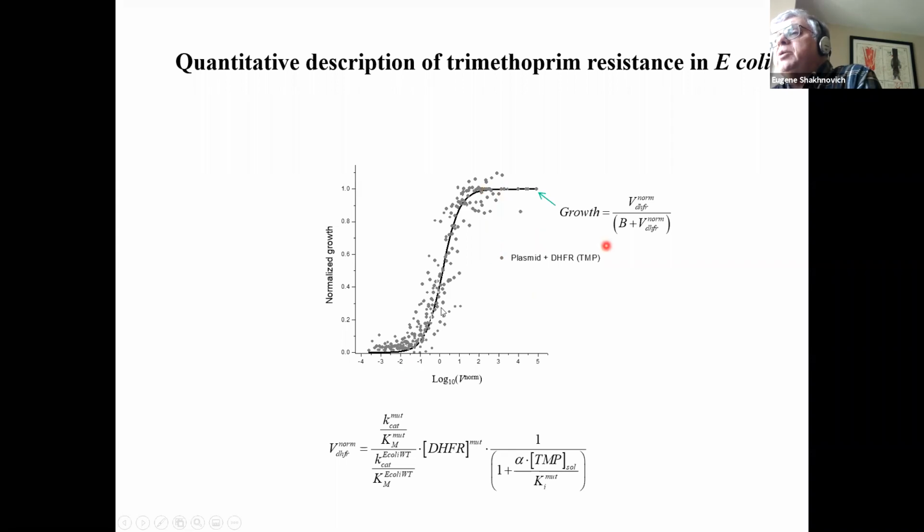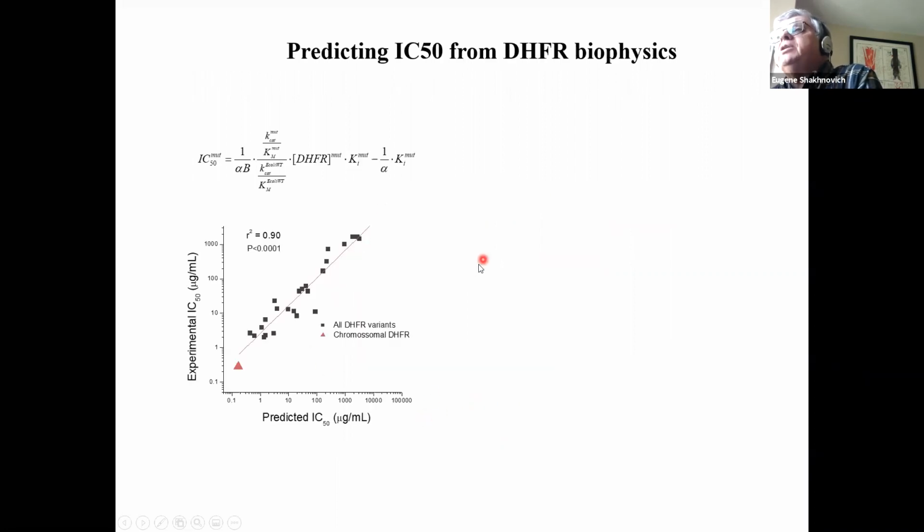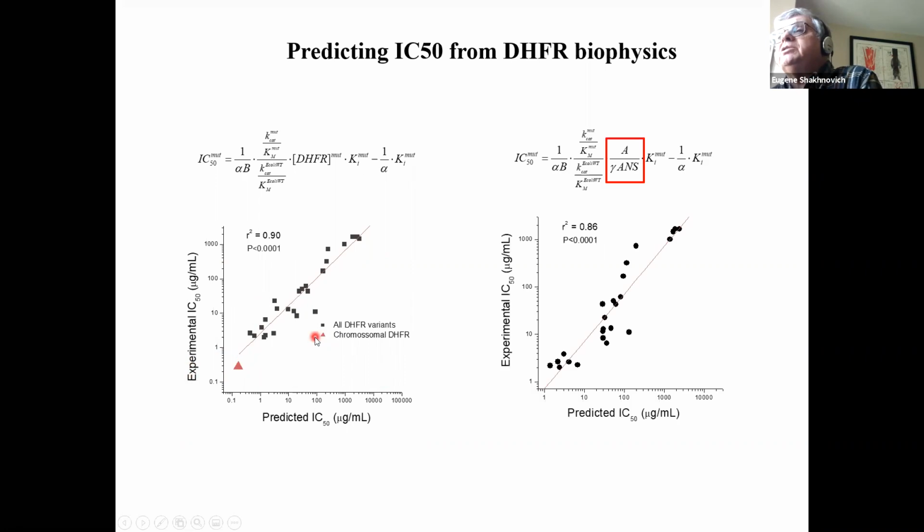And this is the equation for prediction of fitness from metabolic flux balance theory. And then you can use this flux balance theory to predict IC50 and compare this predicted IC50, the resistance to antibiotic phenotype, with experimental IC50. And as you can see, the prediction is fairly good.